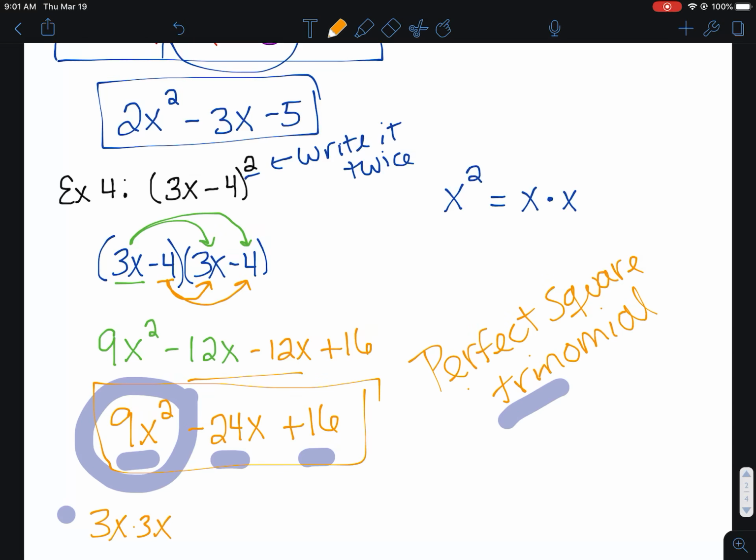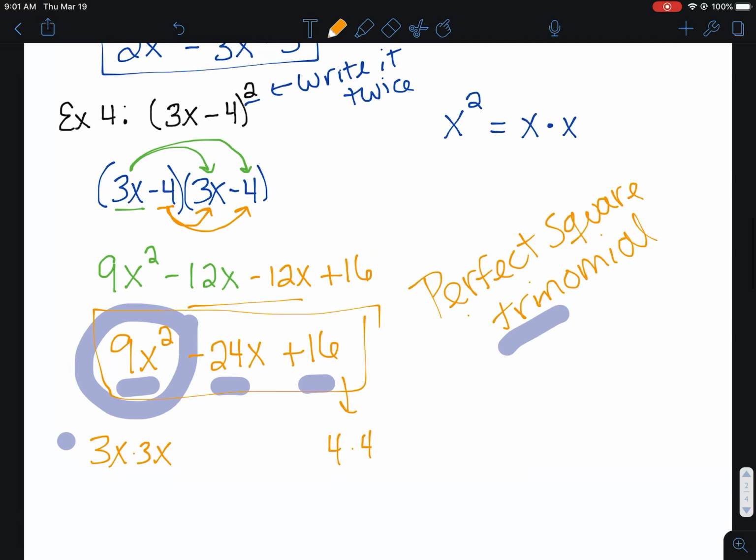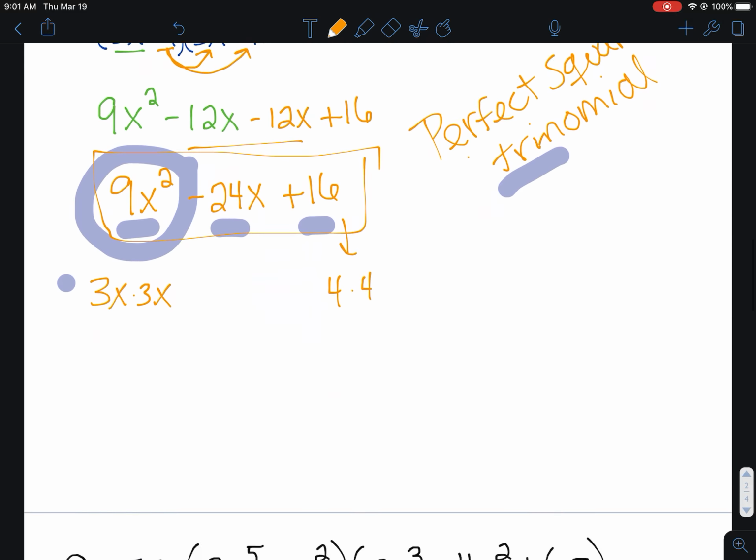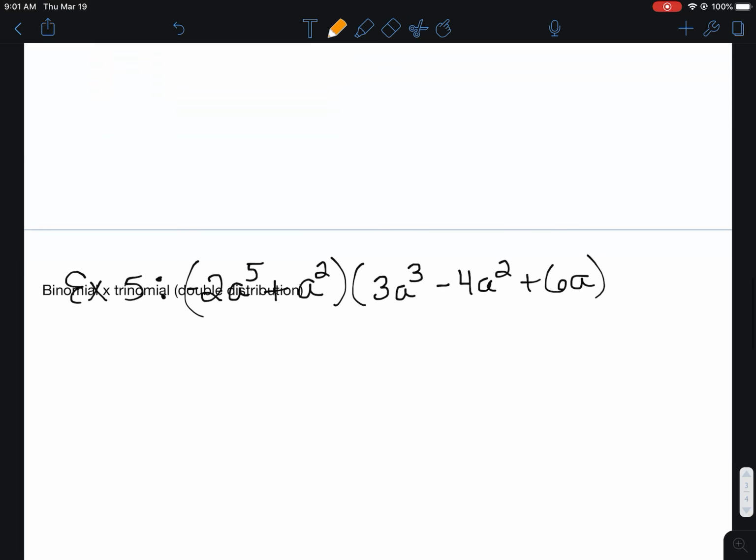That makes it a perfect square. 16 is also a perfect square because it's 4 times 4. So it's called the perfect square trinomial because the first and the last terms are perfect squares. And there's a little shortcut we can do to multiply that out, but as we get better at it, we'll look at that. All right, I have one last example for you today, so thanks for bearing with me.